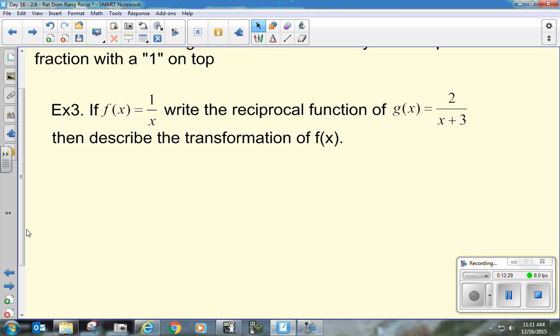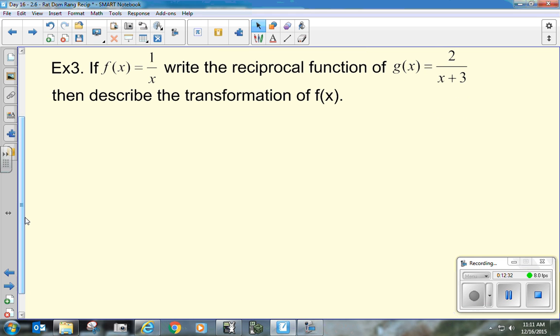Now, example 3 says, if f of x is 1 over x, that's a reciprocal function. Let's write the reciprocal function of g of x. Then describe the transformation of f of x. That sounds kind of weird, but let me demonstrate to you how we do it, okay?